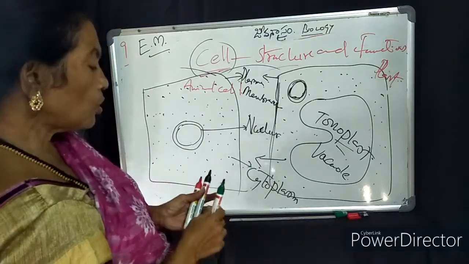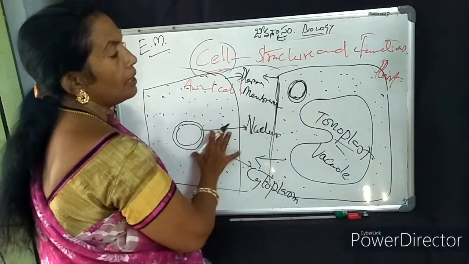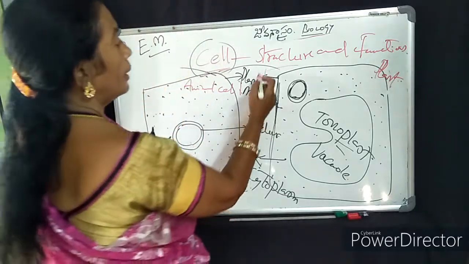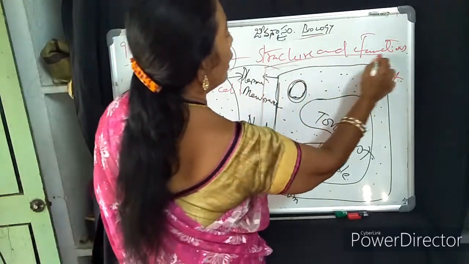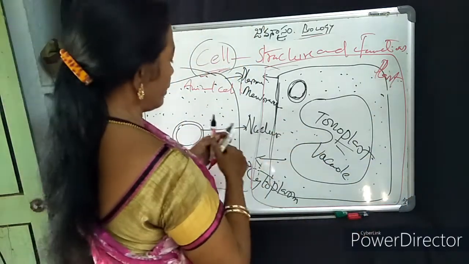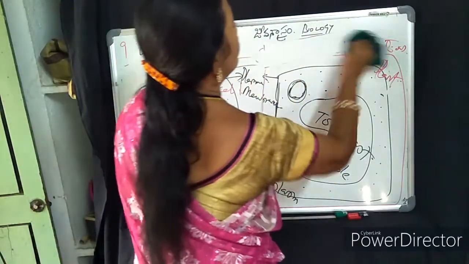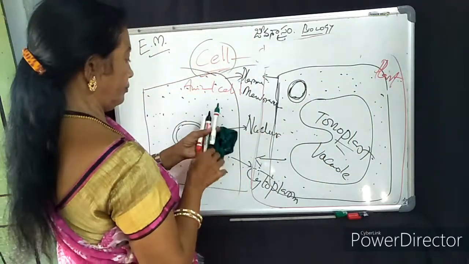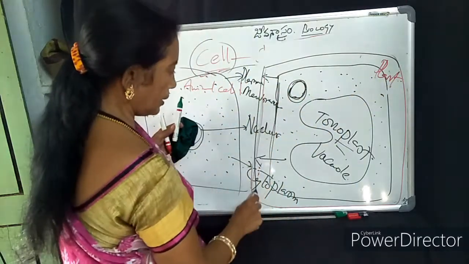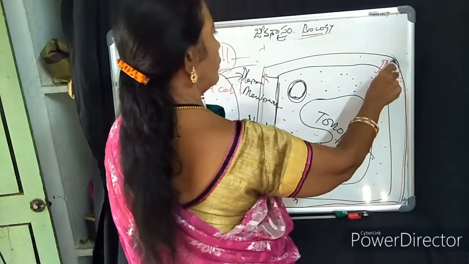And the most important difference between animal cell and plant cell is that the plant cell has an additional layer, which is called a cell wall. So one more layer you have to draw like this over this plasma membrane.